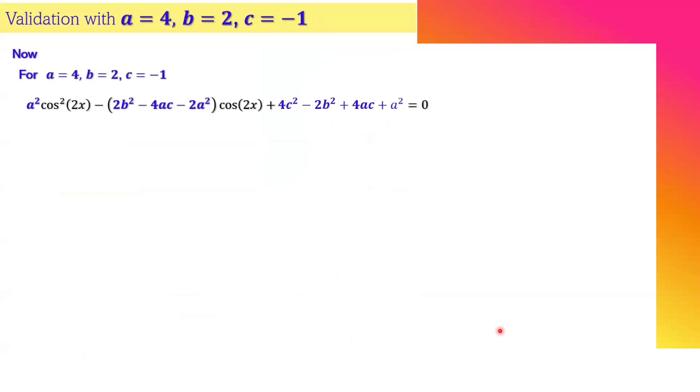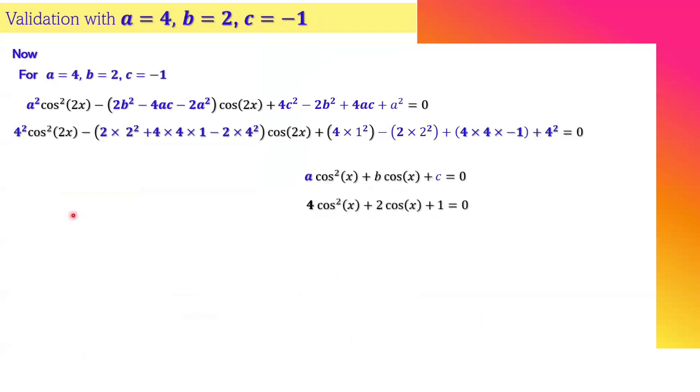For A equals 4, B equals 2, C equals 1, we substitute it here, and the given equation will become this equation. Now we simplify these equations further, and you will get this form. So if you simplify, this is 4 cosine square 2x plus 2 cosine 2x minus 1.